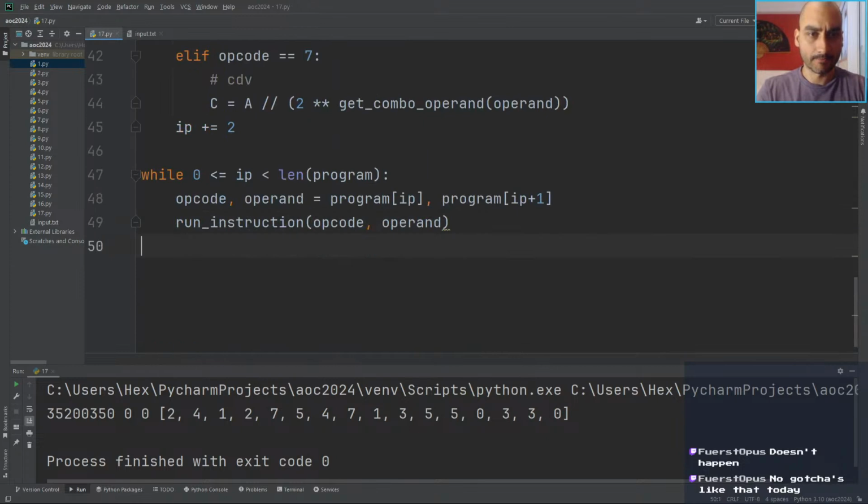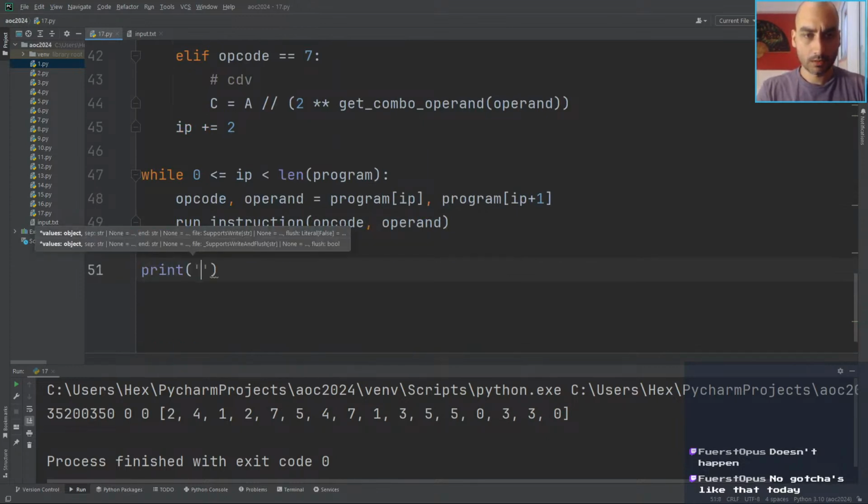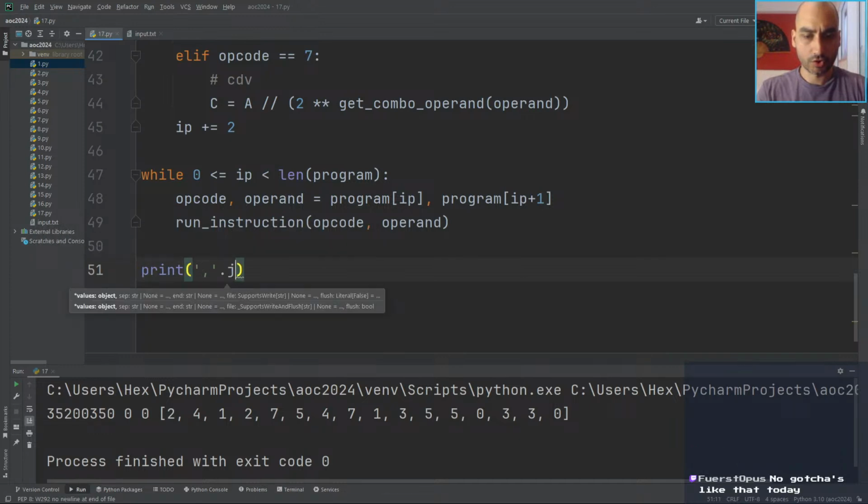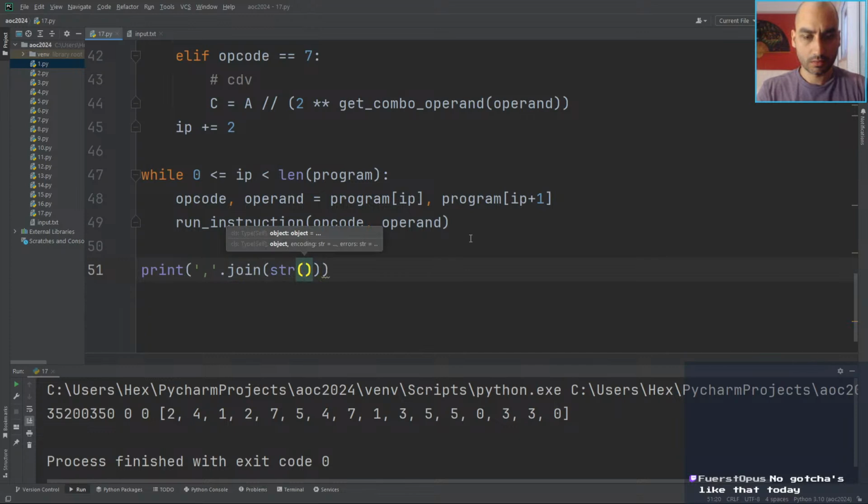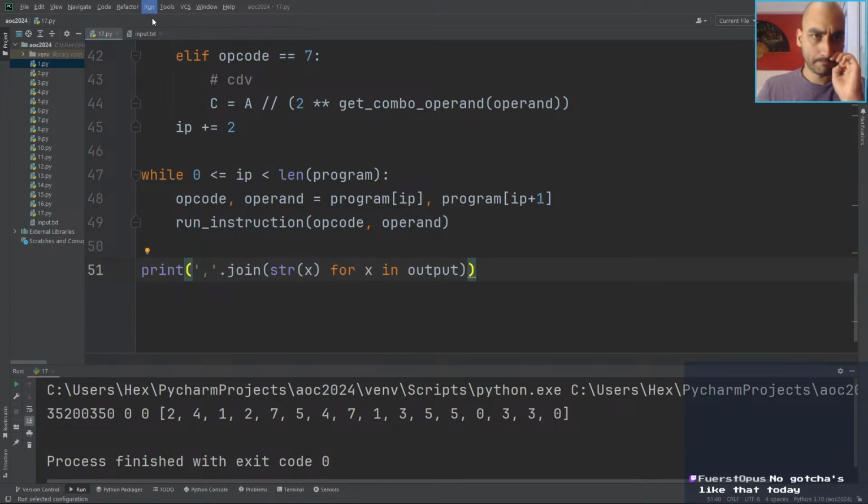That's it. And then print comma dot join string x for x in output. Run.